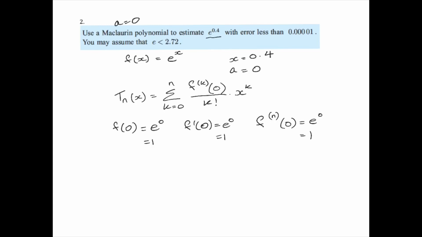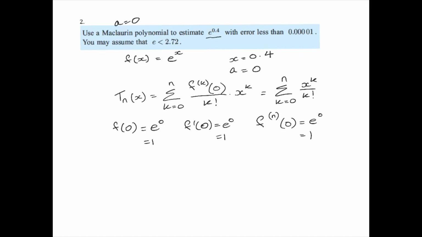So that works out really nicely. So our Taylor series is just the sum from k is 0 to n of x to the k over k factorial.